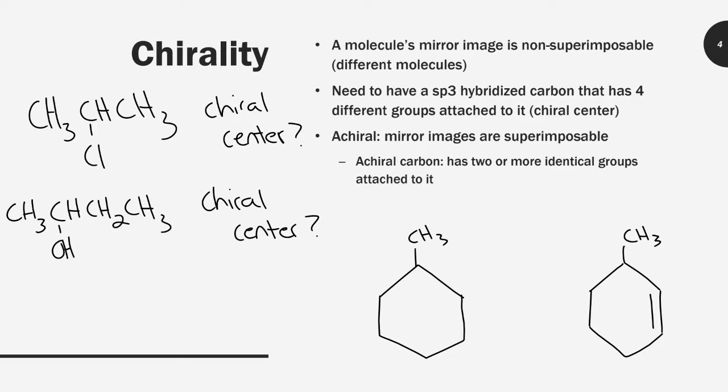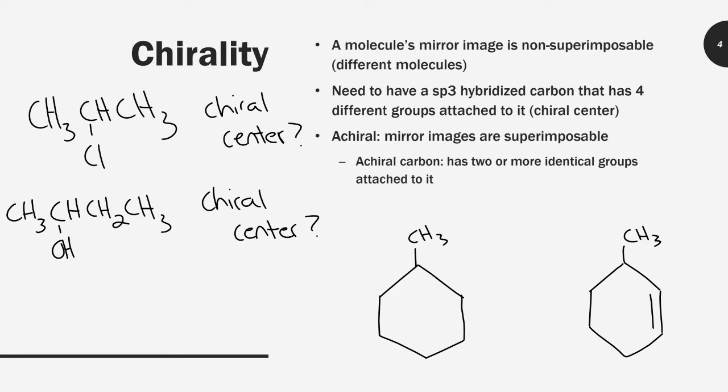And to be chiral, you have to have a chiral center, which needs to be an sp3 hybridized carbon, so all single bonds, that has 4 different groups attached to it. And that is called a chiral center, sometimes a chiral carbon. And achiral means that a molecule's mirror image is superimposable. So its mirror image is the same molecule. And an achiral carbon has 2 or more identical groups attached to it.